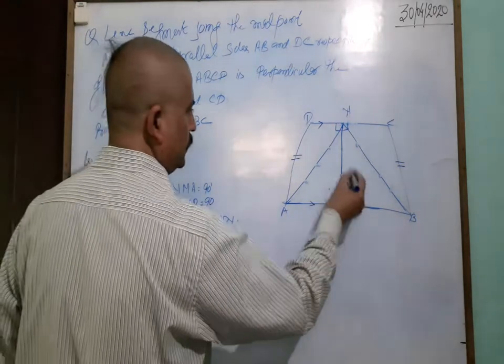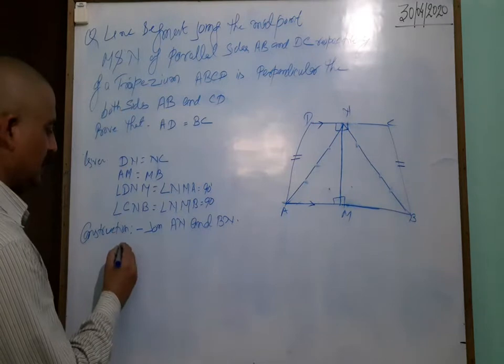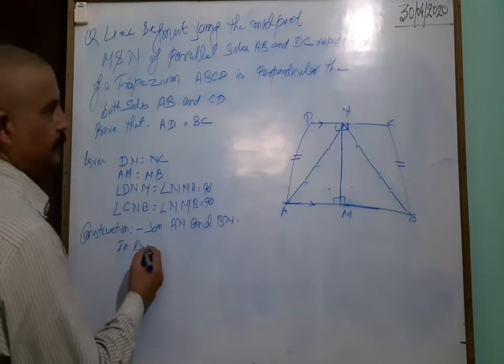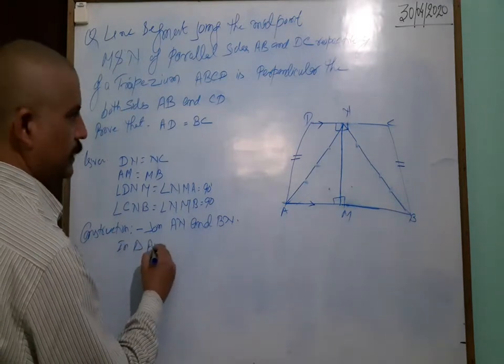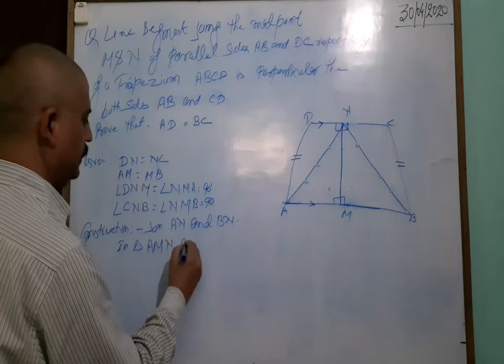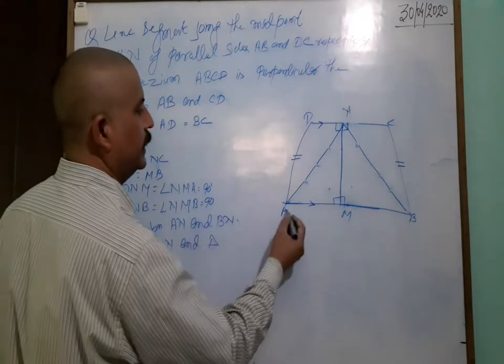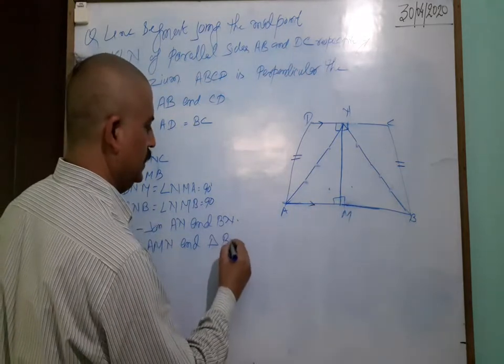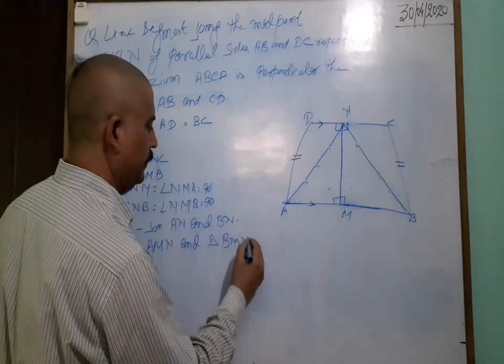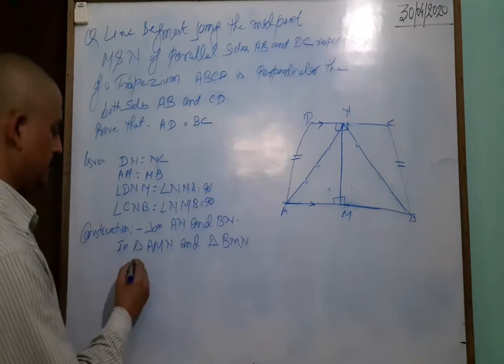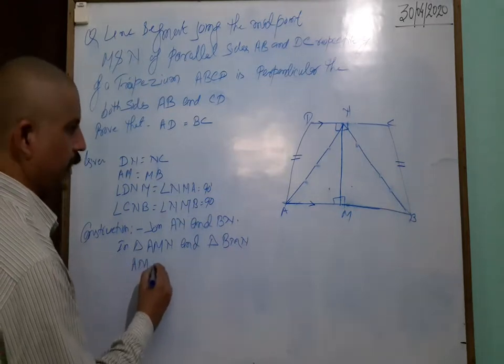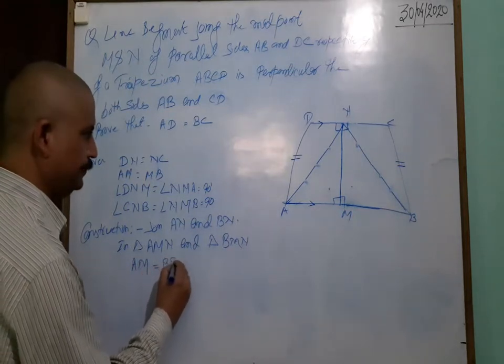Then in triangle AMN and triangle BMN, AM is equal to BM, given, because M is the midpoint.